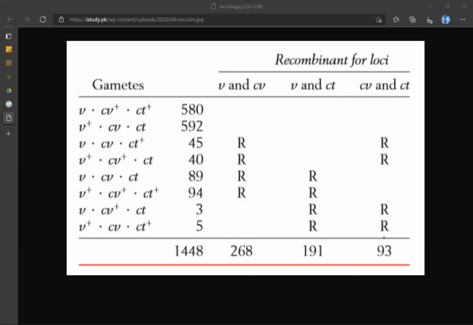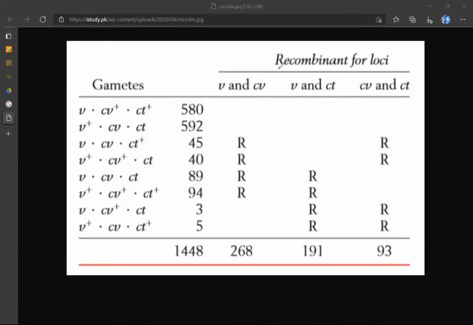We're looking for the order of the genes and the distances between those genes. The first step is finding the middle gene. And just like Kinga said, the way we do that is by comparing the non-recombinant individuals to the individuals who exhibited double crossing over.